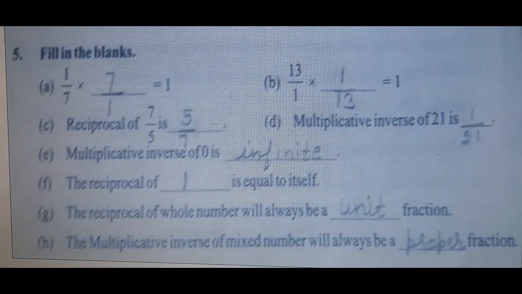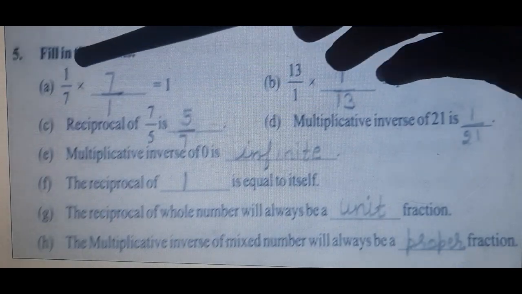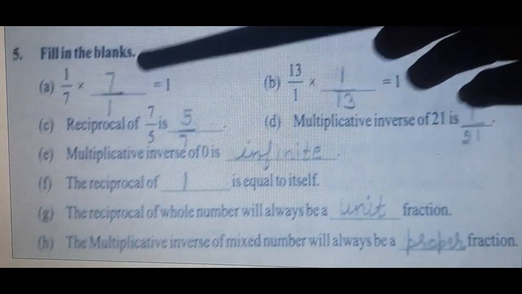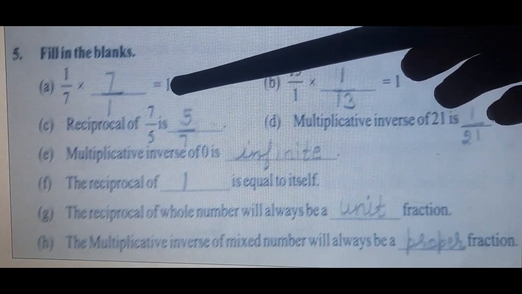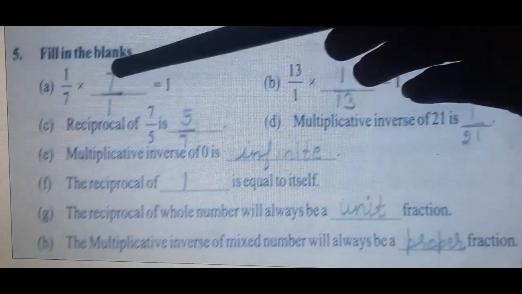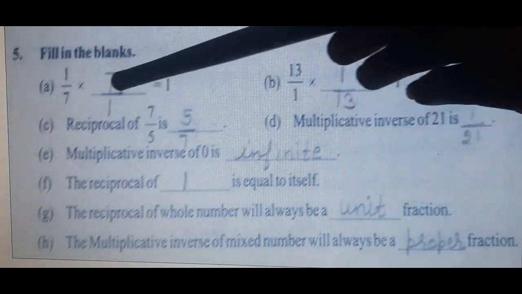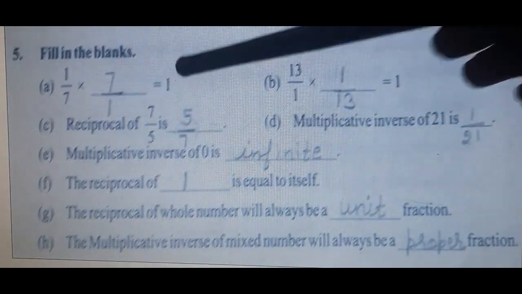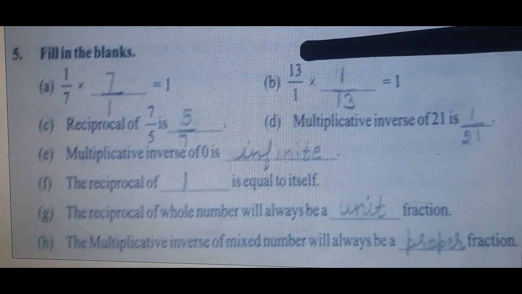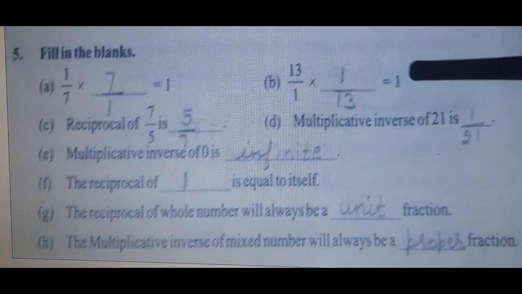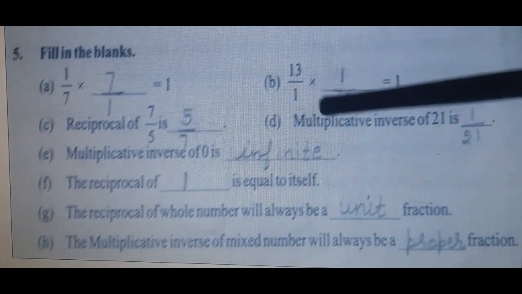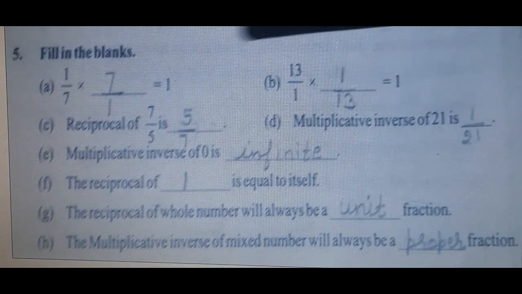Now these are the fill-ups which are given in your book, in your exercise. These are important to revise. 1 upon 7 multiply dash is equal to 1. If we write here 1 upon 7 multiply 7 upon 1, it means when we take the reciprocal of 1 upon 7, only then we will get the answer as 1. Next is 13 upon 1 multiply dash is equal to 1. So here we will write 1 upon 13.